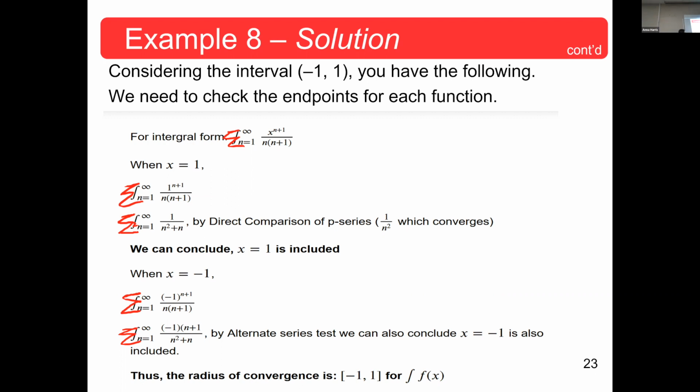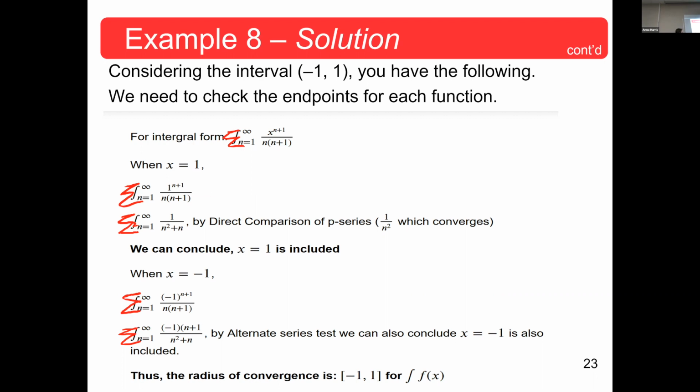Remember, if you look at just 1 over n squared, what can you say? It converges. Why? The p is bigger than 1. So you're going to say, by direct comparison test with the p series, this converges. So in other words, 1 is included. We can conclude x equal to 1 is included.